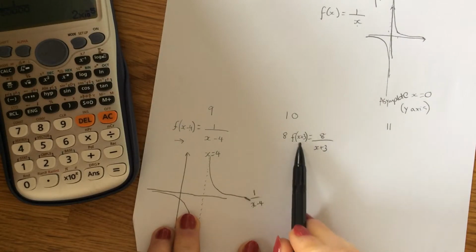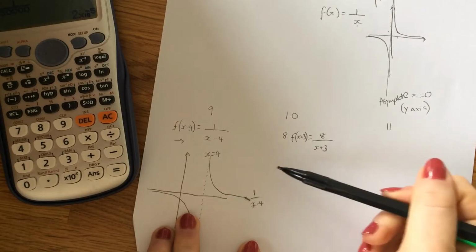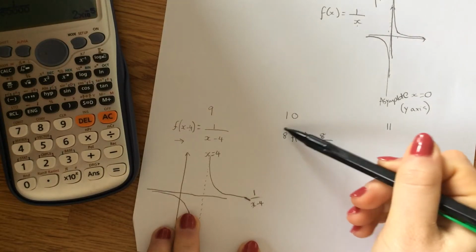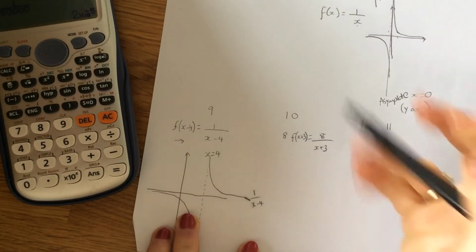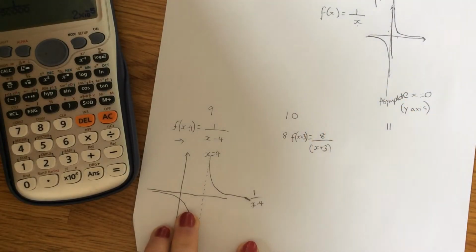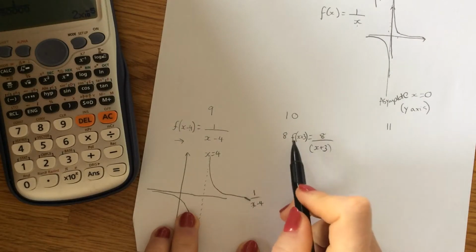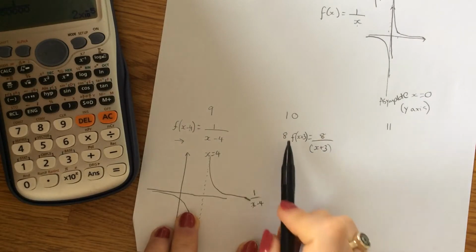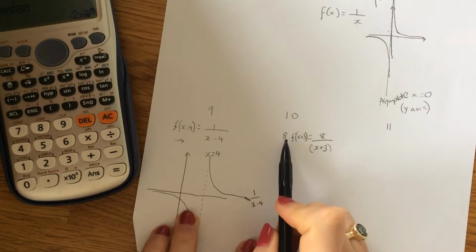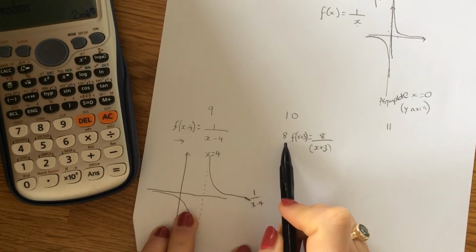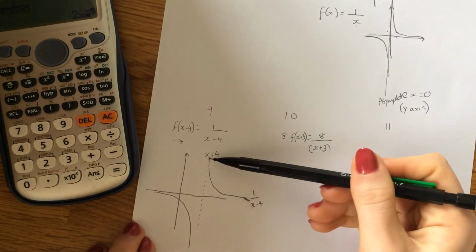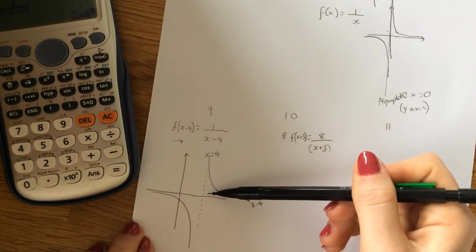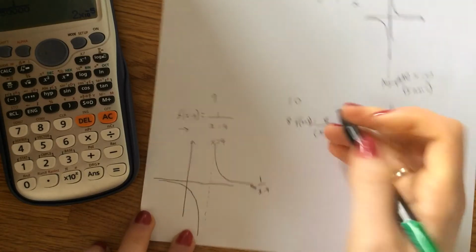So this time we've got a shift in the x values, but now going in the negative direction, and also a stretch. Now because it's outside of the x value bracket, it affects the y values. And when we have a change in the y values, we get a stretch and the graph gets steeper by a scale factor 8. So we find that this dip down happens even quicker in this graph.